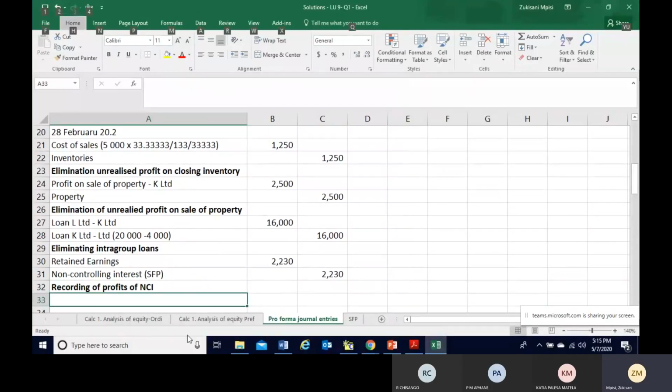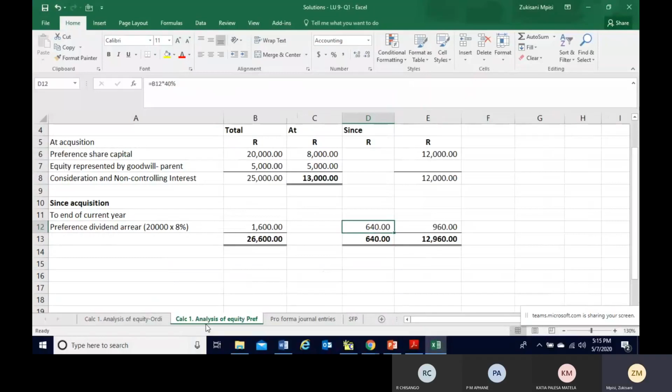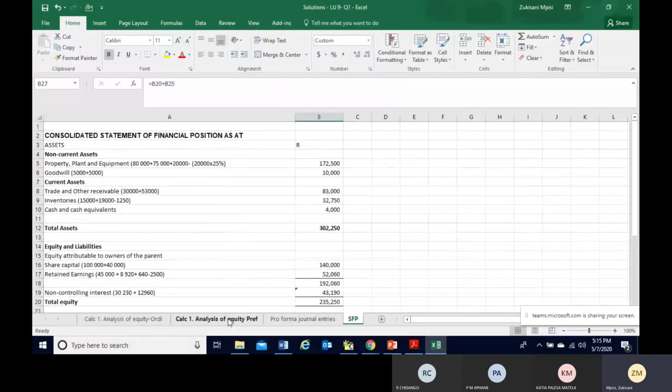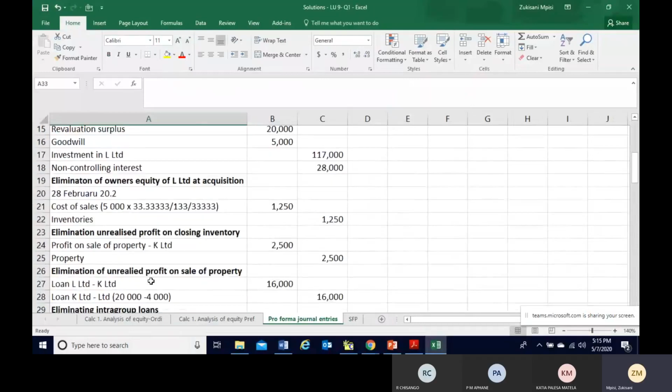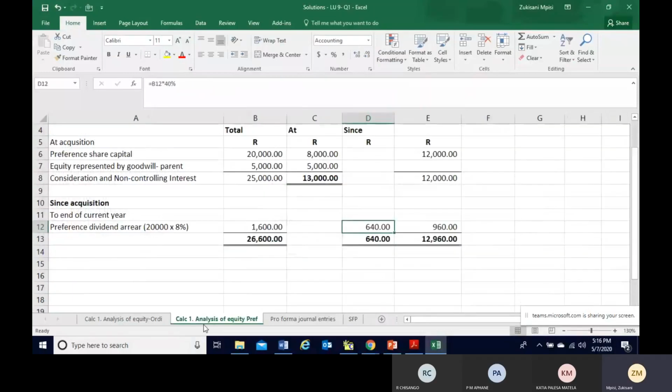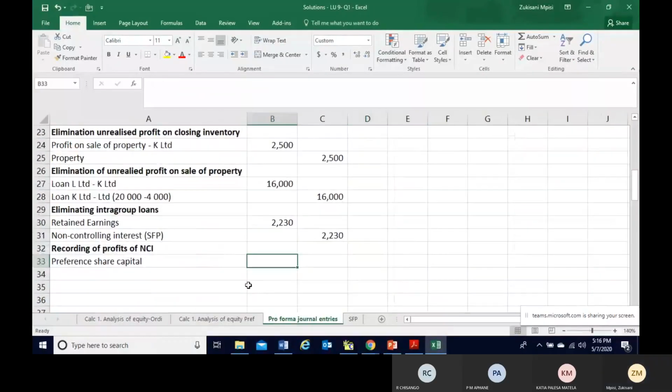And then we look at the preference shares. We have to do what we did for ordinary shares. So for the preference shares, we are going to say preference share capital, which is how much? 20,000.